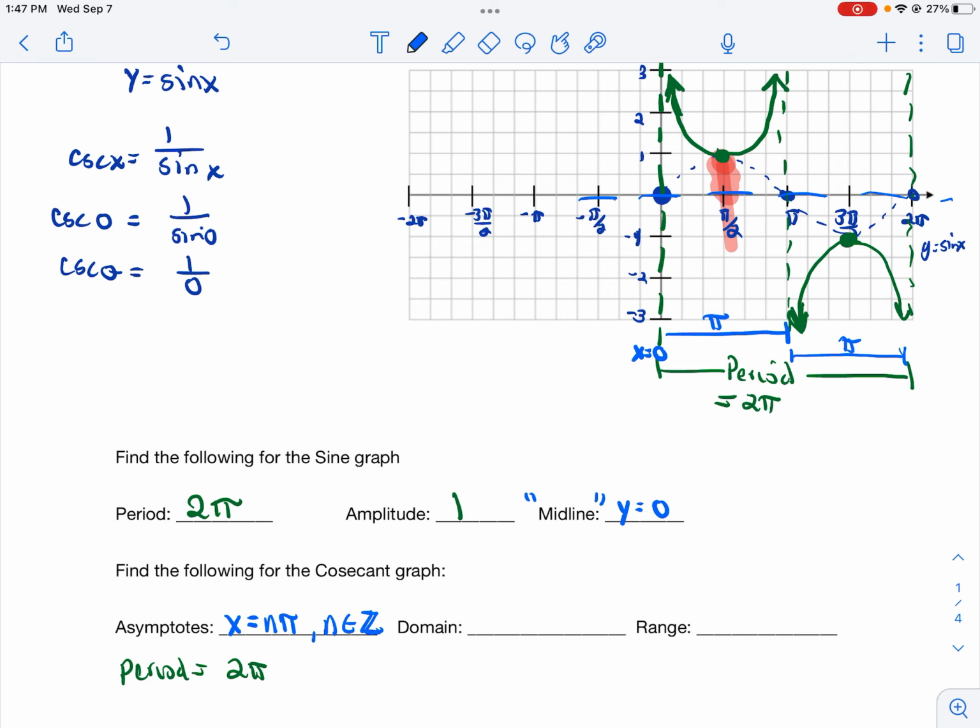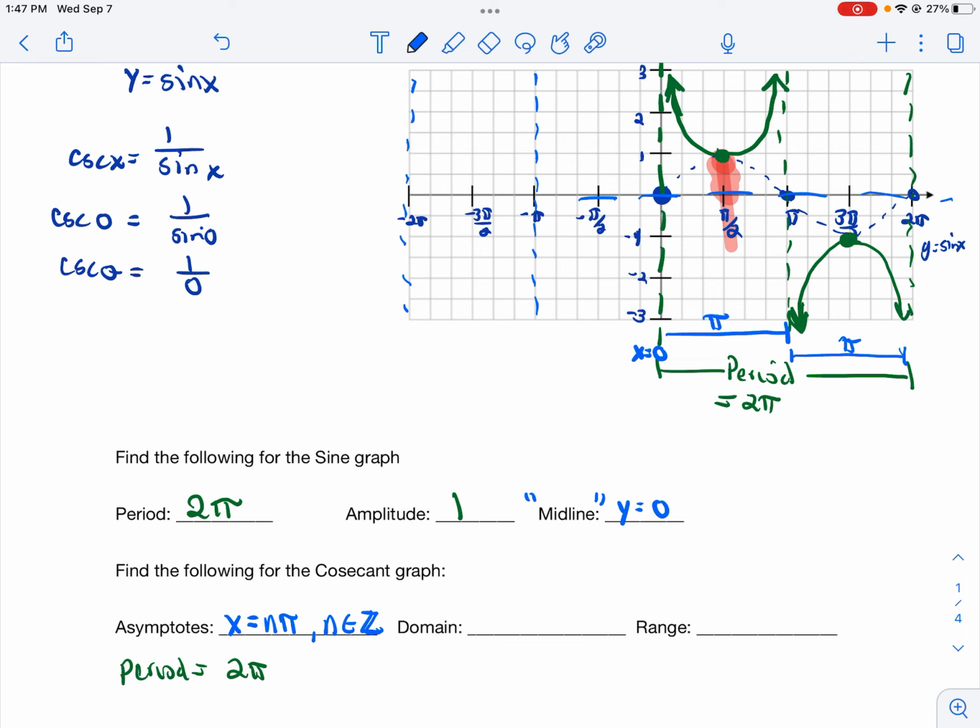So it's not a fraction of n, it's just n. Pi, 2 pi, 3 pi, 4 pi. And n could be negative. So I know at negative pi, I will have an asymptote. At negative 2 pi, I will have an asymptote. So it repeats every pi. So that's how you would figure out the equation of the asymptote.